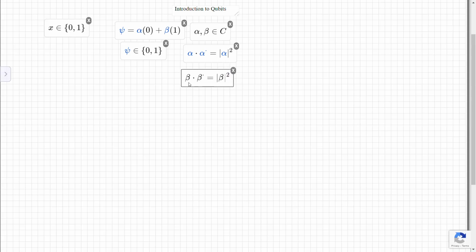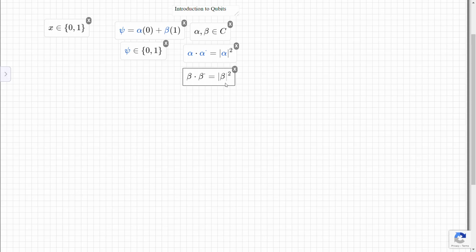So the probability of finding this quantum particle with this wave function in state 0 is basically alpha squared, and the probability of finding the particle in state 1 is beta squared. I'm talking about probabilities here.